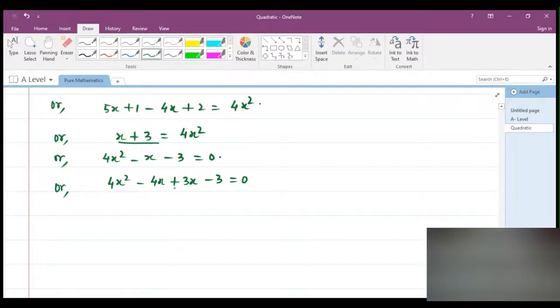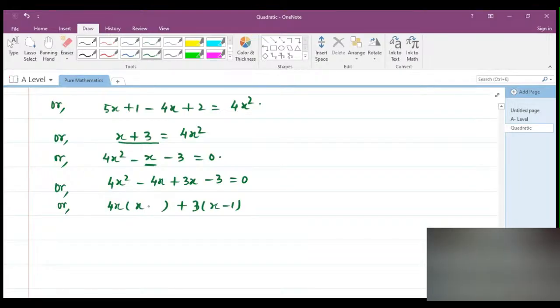So minus 4x plus 3x equal to minus x, and minus 4 into 3 equal to minus 12. There is no problem to understand up to this step. So we take 4x as the common, then we get x minus 1. We take 3 as the common, then we get here x minus 1.